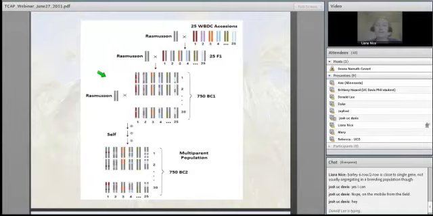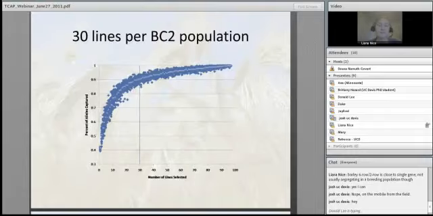I don't know if any of you are familiar with crossing in wheat or barley. It's pretty time consuming. I was in the greenhouse for probably a good 2 months straight making all those crosses. And then I've selfed those out into inbred lines, and I've finally gotten them out into the field this summer.